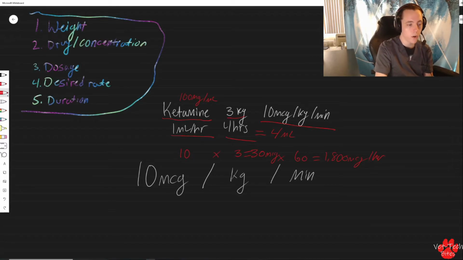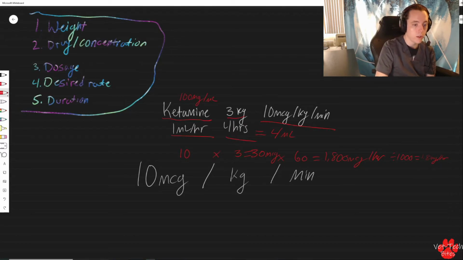It gives us most of our information. We're just going to divide it by 1,000 to get 1.8 mg per hour. And we are going to be doing a total of 4 hours. So 1.8 times 4 hours is 7.2 milligrams total.